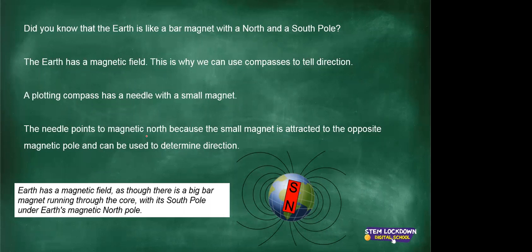So the needle points to magnetic north because the small magnet is attracted to the opposite magnetic pole, and this gives you the direction of where you are.